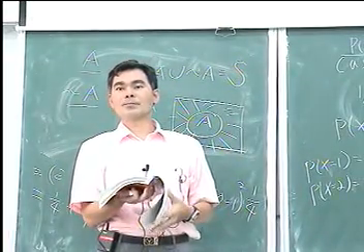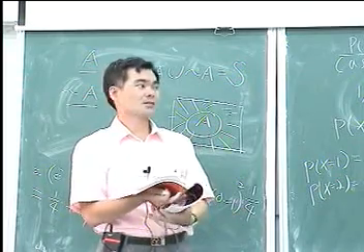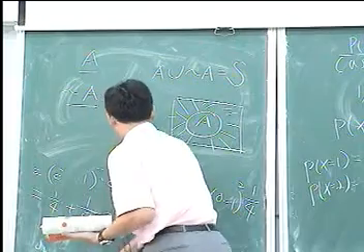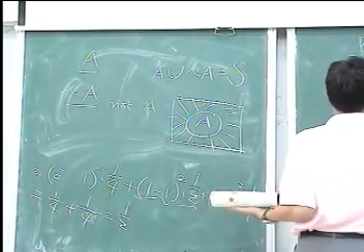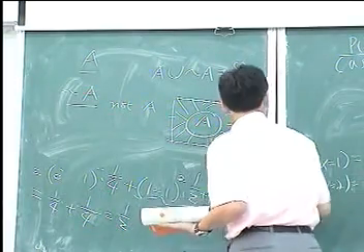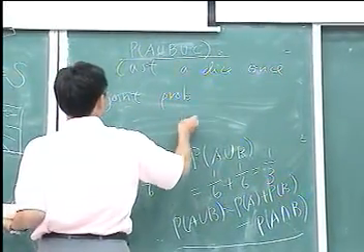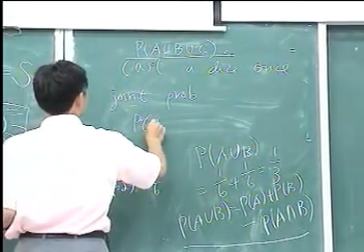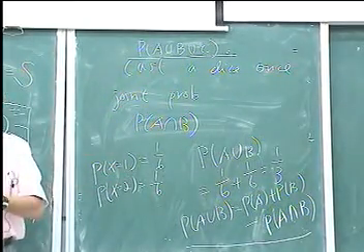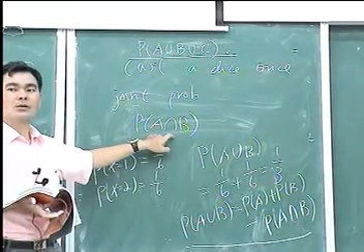What about joint probability? Page 161. Joint probability means we are interested in the intersection: A happens and also B happens.